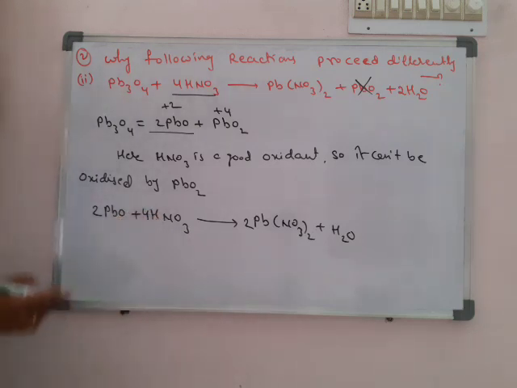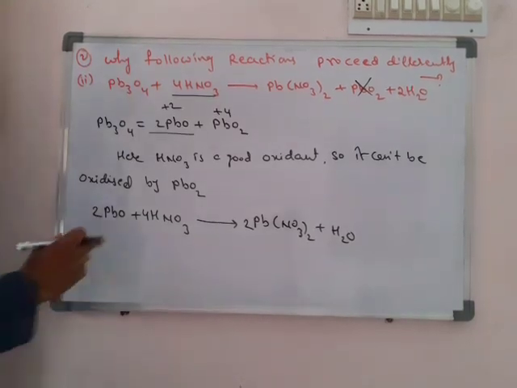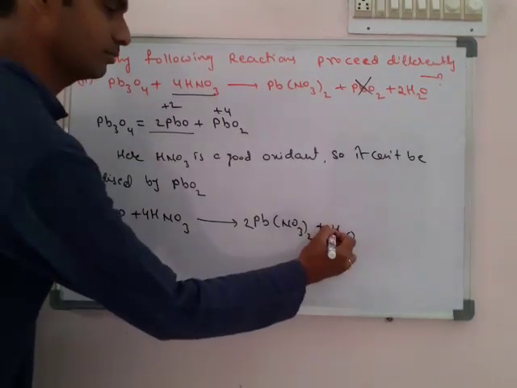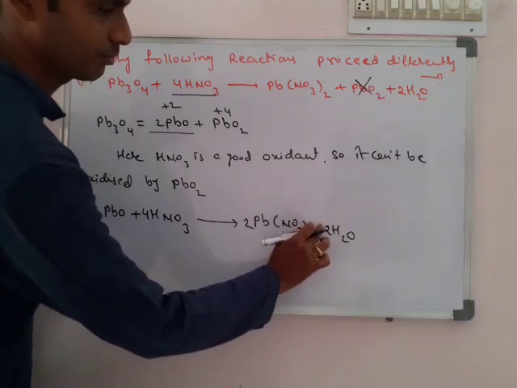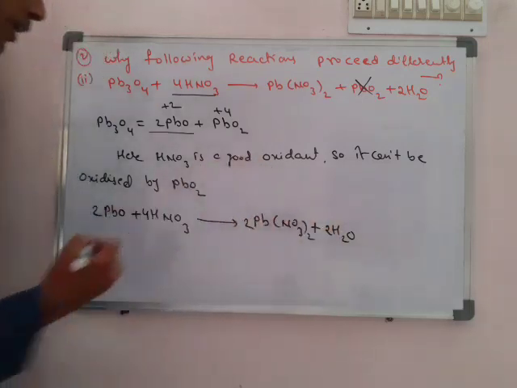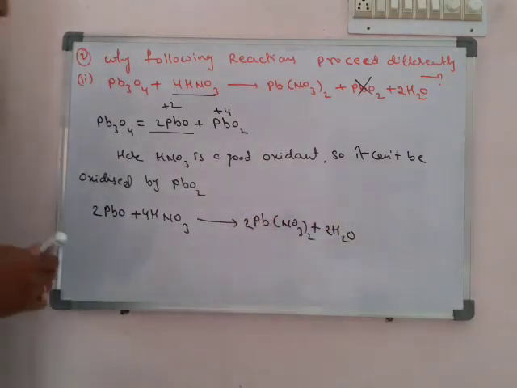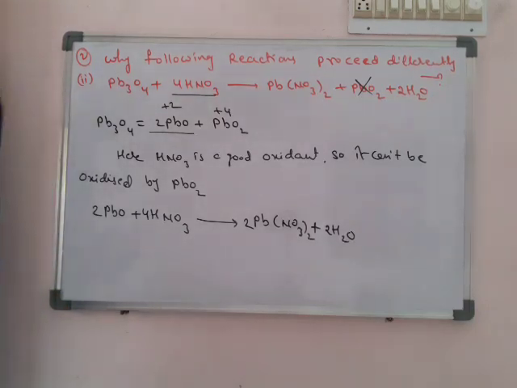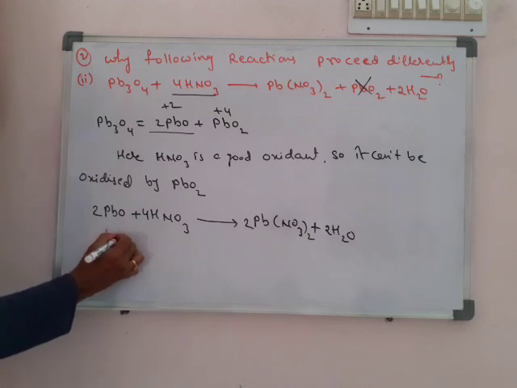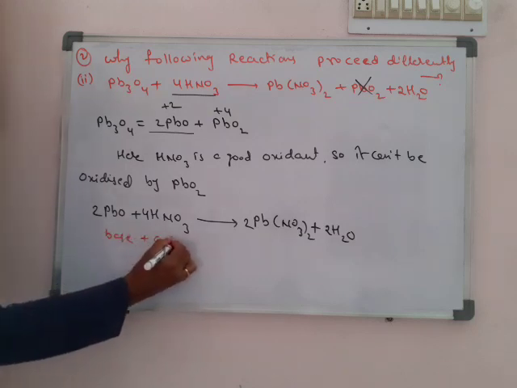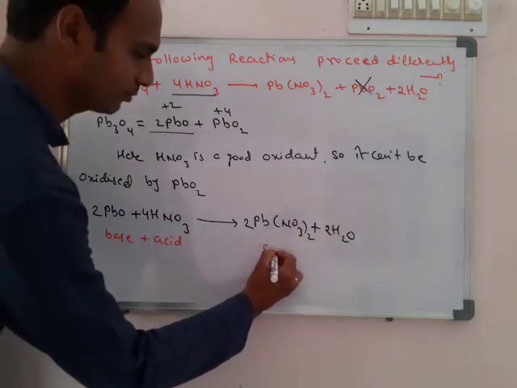Okay, 14. How many hydrogens are there? 4 hydrogens. So make it 2. Okay, so in this reaction only an acid base reaction takes place. There is no redox reaction.